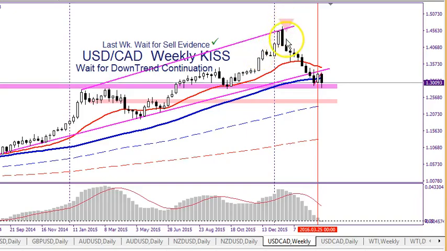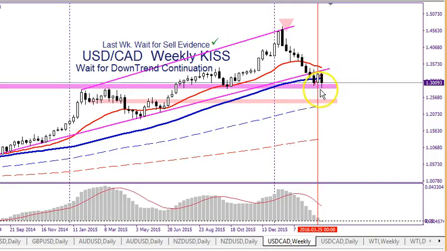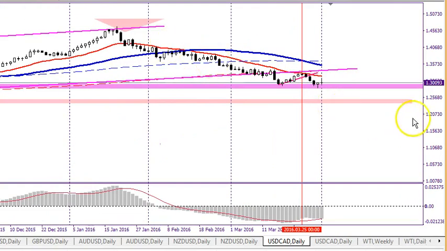When you see a weekly black bearish engulfing candle, it would show that the price would be reversing, and it did, all the way down to here. So now it looks like price is going to continue going down. However, be careful, we're close to the support. You might want to wait for a retracement or pullback, and let's take a look at the daily chart.